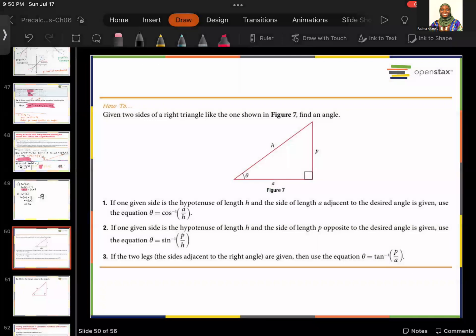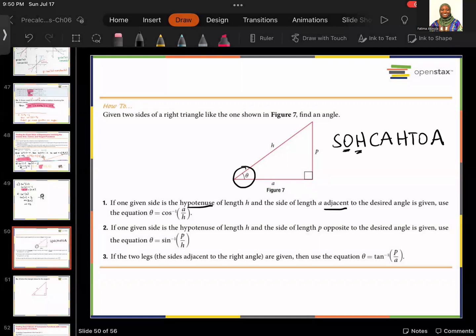So this little how-to gives us a right angle triangle that looks like this. We're trying to find theta. Now, if you're given hypotenuse and adjacent, remember your SOH CAH TOA?